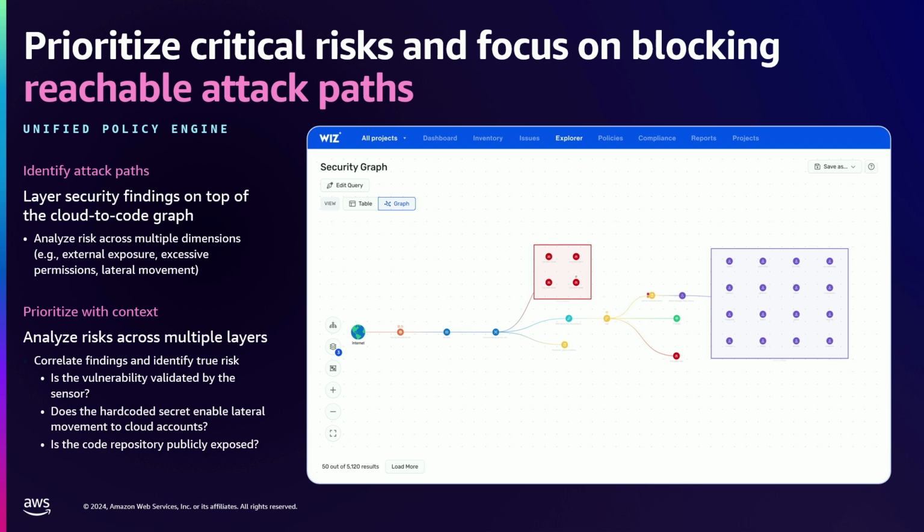So rather than just having a vulnerability finding, we tell customers, hey, there's a machine that's vulnerable, but it's also exposed to the internet. It also has access to this bucket that has sensitive data. So essentially, this is the core of prioritization and helping organizations focus on the critical risks versus the noise. So it's important to be able to prioritize those attack paths in order to reduce risk that actually has impact on the environment.